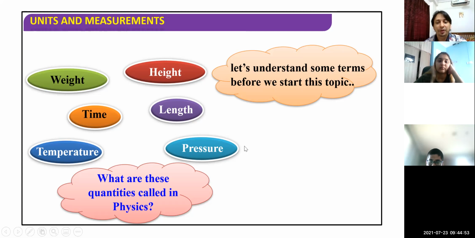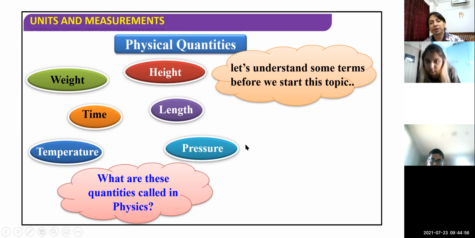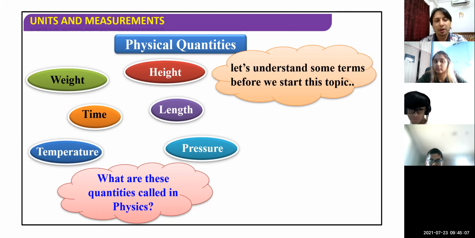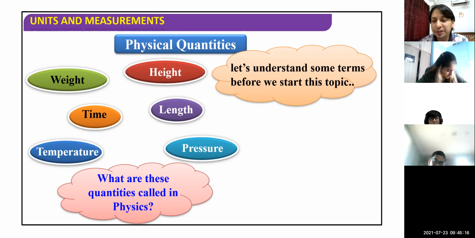Now, children, the name given to these quantities is physical quantities. Actually, we have numerous physical quantities, but here on the screen you can find a few examples: weight, time, temperature, height, length, pressure. All these are physical quantities that we can calculate and measure.